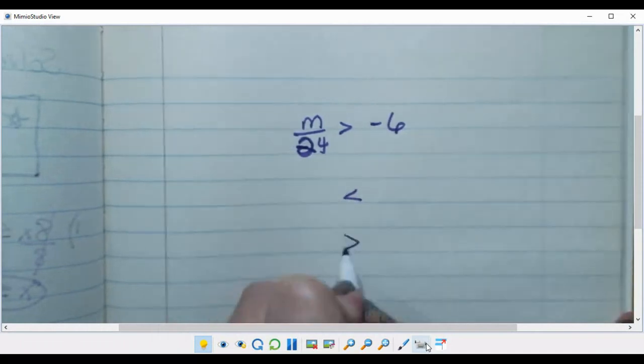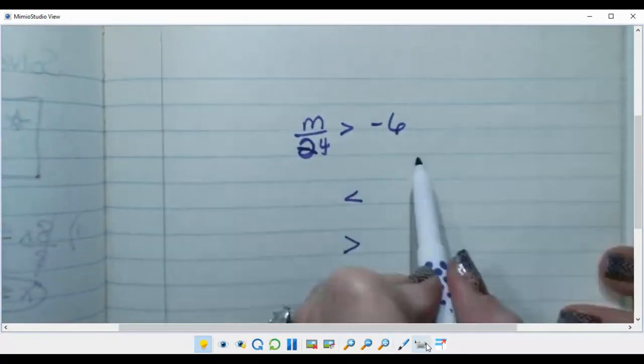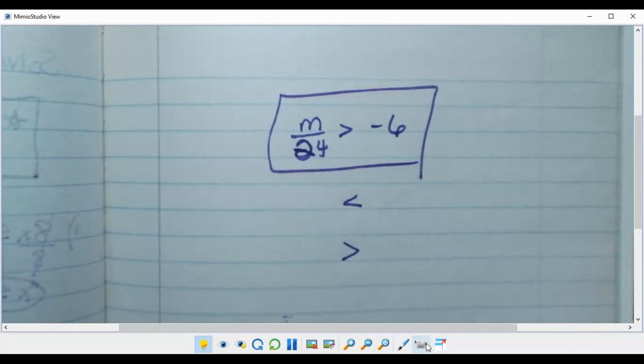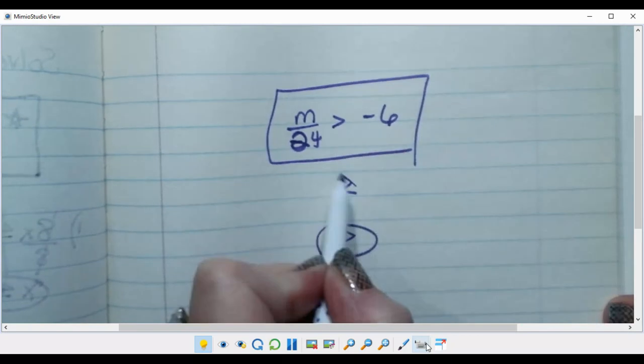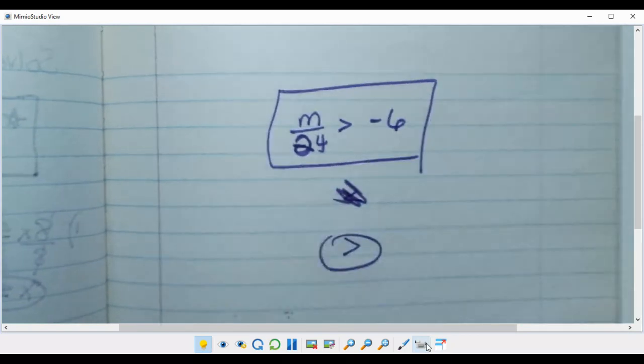Or would I keep it as it was originally? What do you think? I do see a negative in there, but is the negative number with the letter? Nope. This is going to stay exactly as it starts. Only when the number with the letter is negative would it flip.